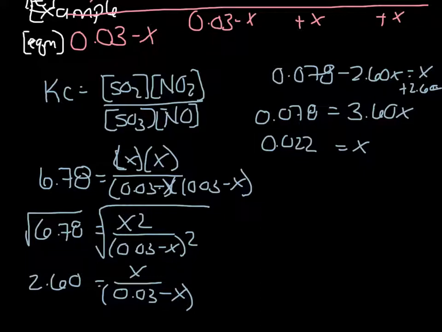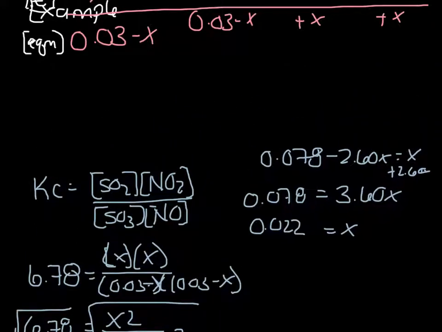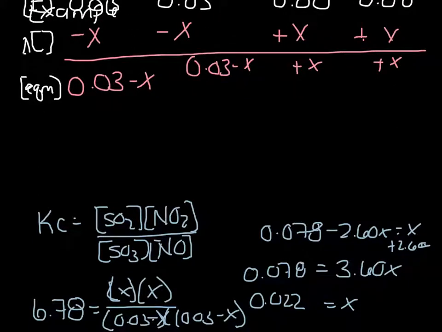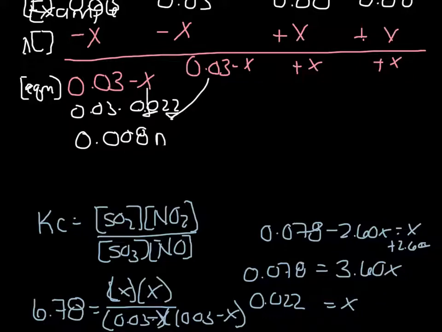Now we can go back and determine how that value gives us the equilibrium concentrations. So therefore, we have 0.03 minus 0.022 for our reactants, and from there we get 0.008 for both of the concentrations of our reactants, and that's in moles per decimeter cubed.